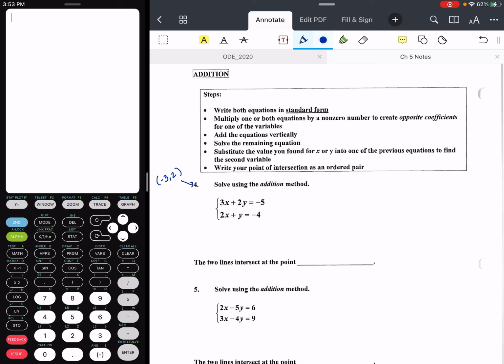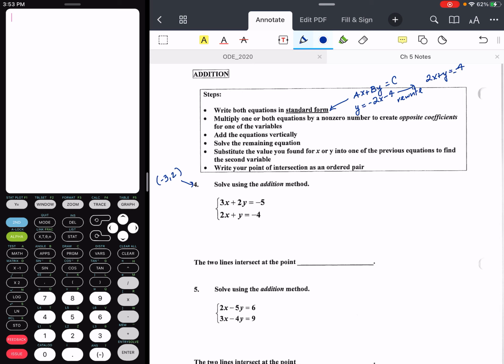And for number 4, these are already in standard form, but just a reminder of what this means. This is that form ax plus by equals c. So for example, if the second equation in number 4 had been written in slope-intercept form like that, then we would want to rewrite it by moving the x term over to write it as 2x plus y equals -4.